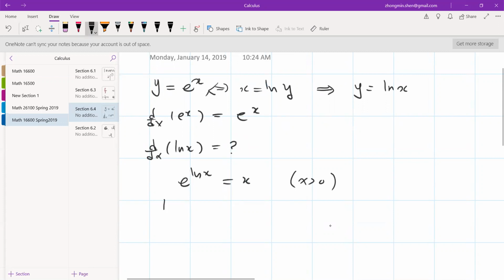The derivative of e to the natural log x, by the chain rule, is going to be the derivative of e to some variable, times the derivative of natural log x. This is where we get the derivative of natural log x.